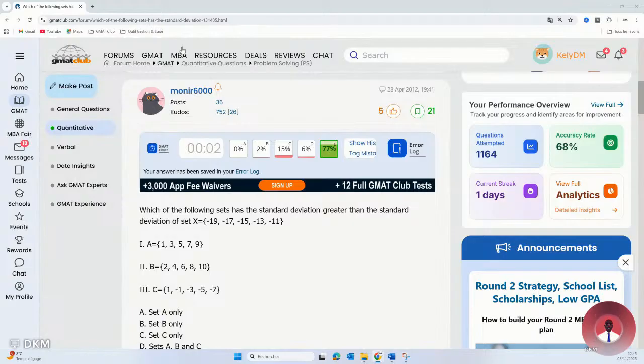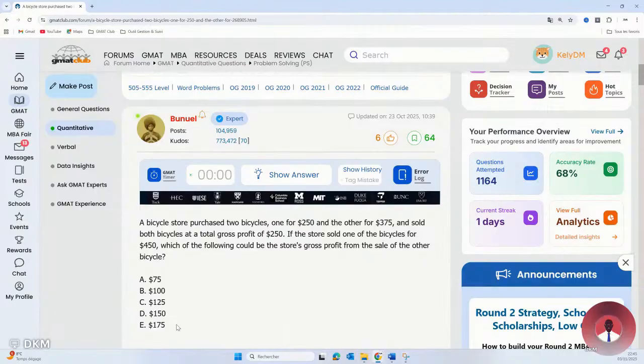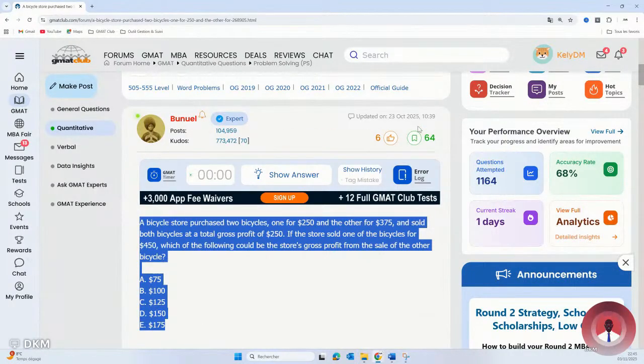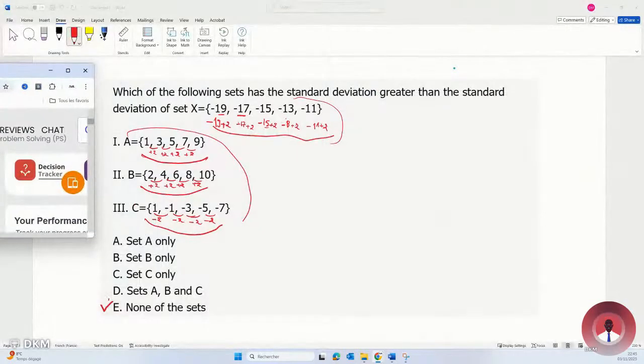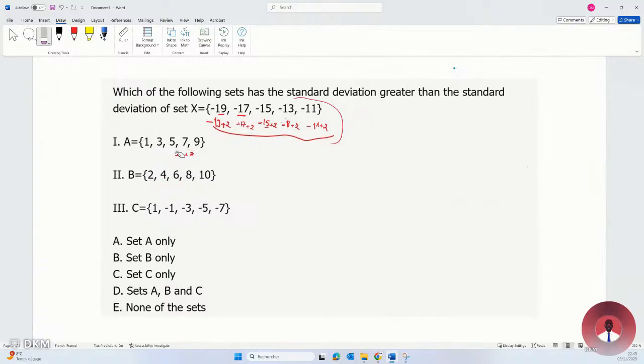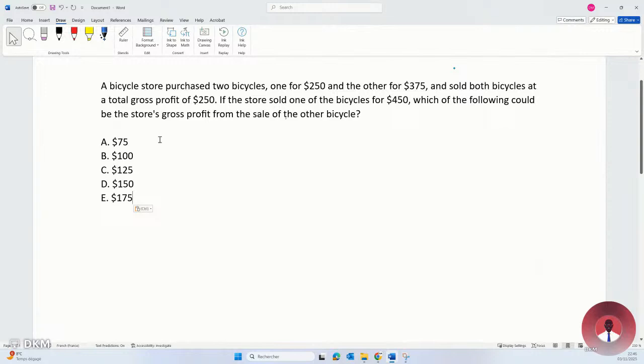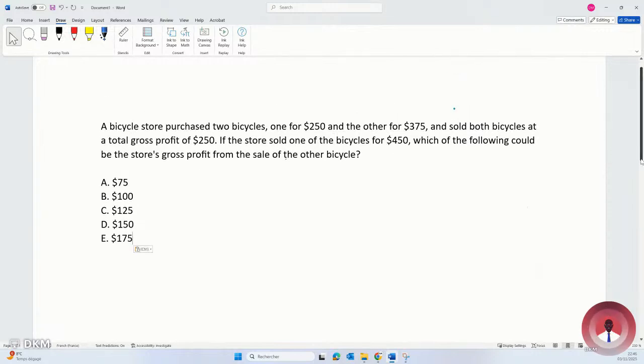Question number 5. So, next question now, which is question number 5.